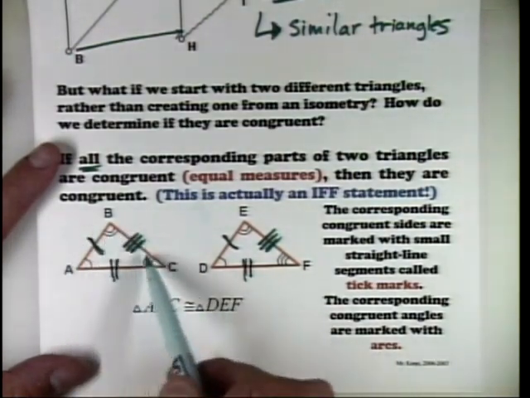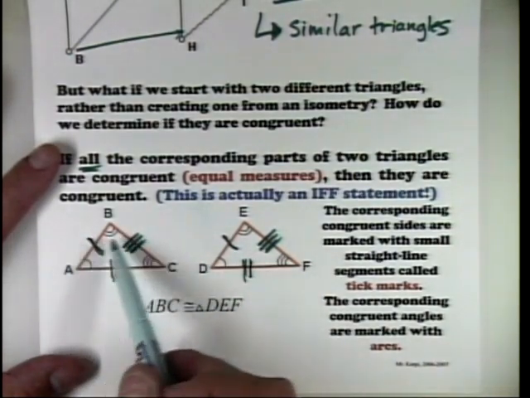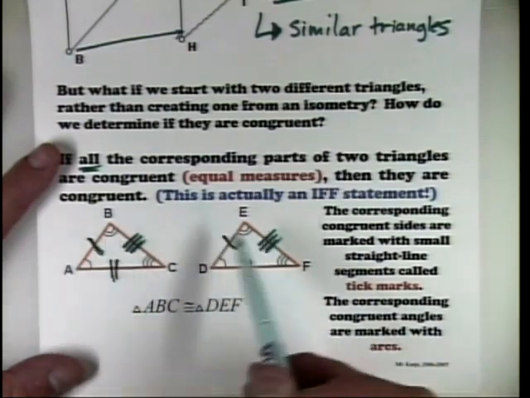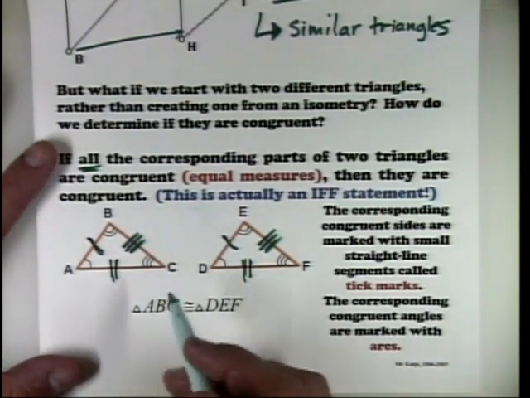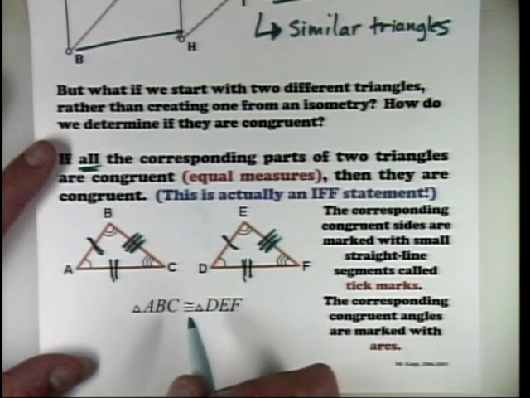Now if in fact all 3 of these sides are congruent to their counterparts, but none of them are congruent to each other, that means each of these triangles has side lengths that are all 3 different lengths, which means, remember from last week, these would be scalene triangles.